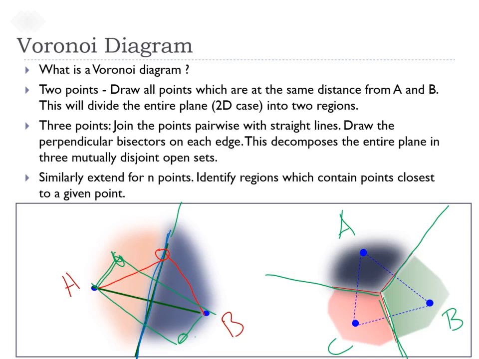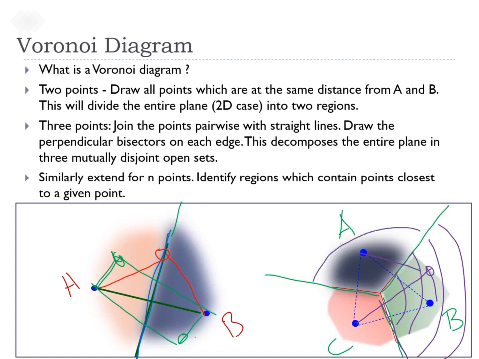If I choose a point here, this point will be closer to B than A, and also closer to B than C, because of the regions that we have already created. Therefore, any point in this region is closer to B, or in other words, B is the closest location compared to A or C for any point belonging to this region.